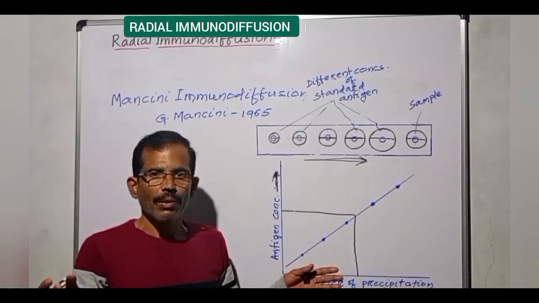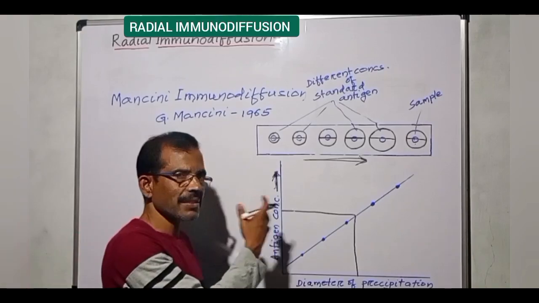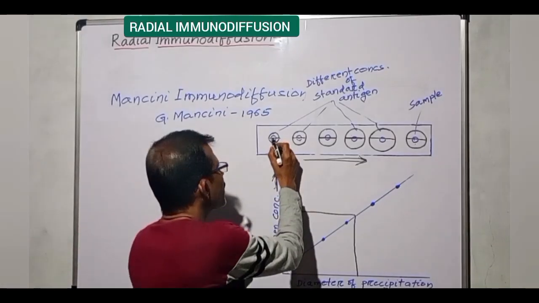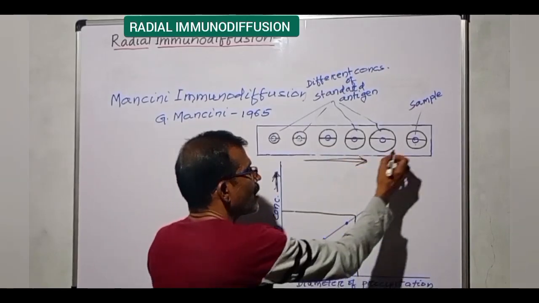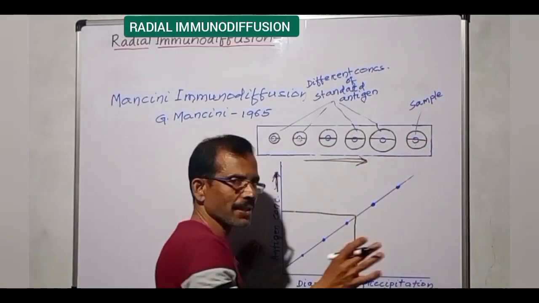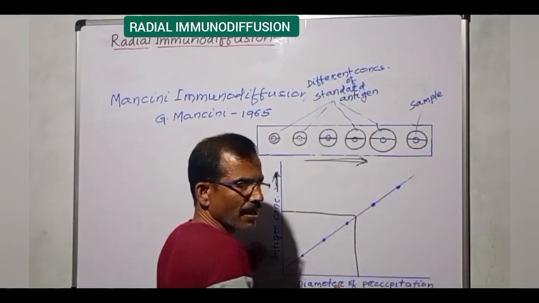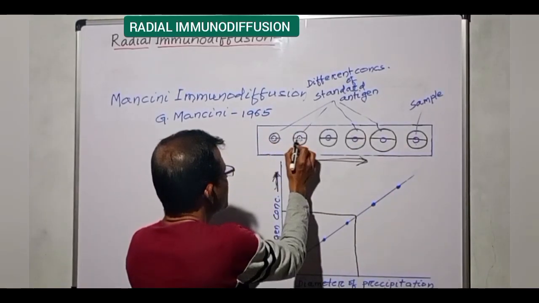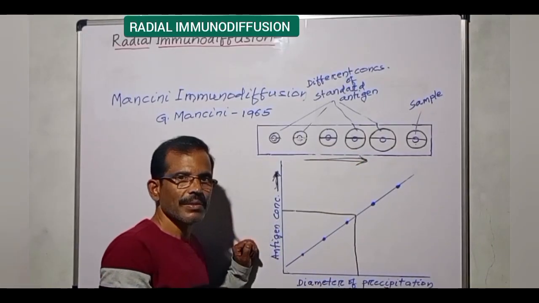In order to determine the concentration of an antigen by this technique, different concentrations of the standard antigen and also the sample are subjected to radial immunodiffusion in one gel. The diameter of the precipitation rings is then determined.